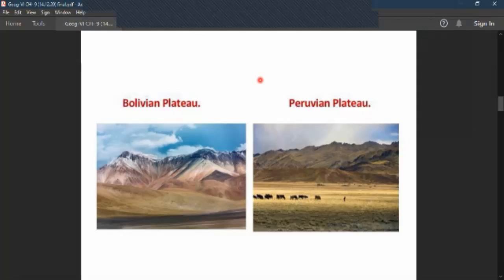Students, intermountain plateaus are those plateaus which are surrounded by mountains on all sides. So here we have 2 examples of intermountain plateau, the Bolivian Plateau and Peruvian Plateau.